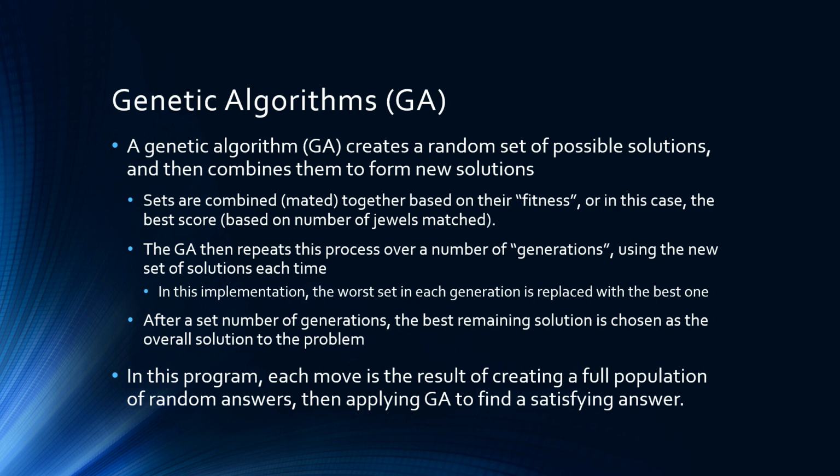The genetic algorithm repeats this process over and over again through a set number of generations, in this case 10 generations, which was a restriction due to performance issues. After the set number of generations is done, it looks to find the best solution that remains in that population, and that is the solution that it chooses.